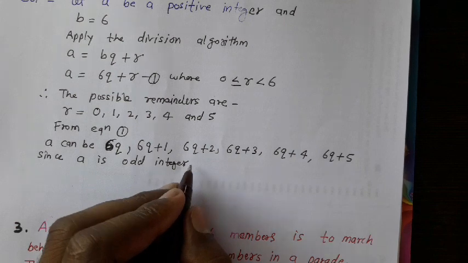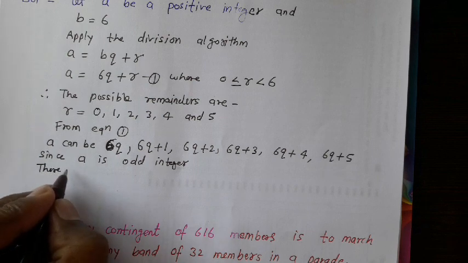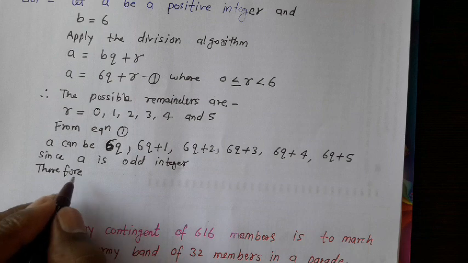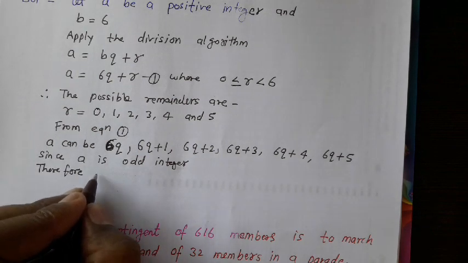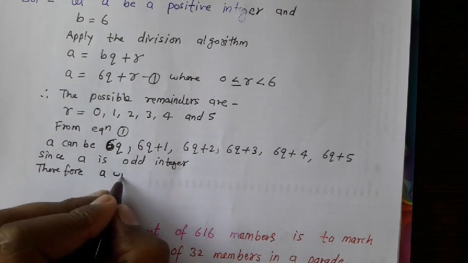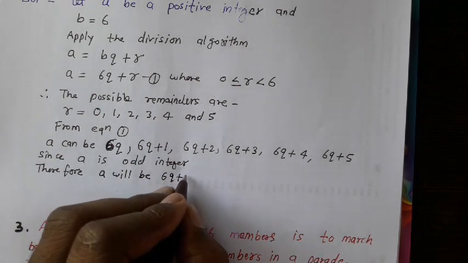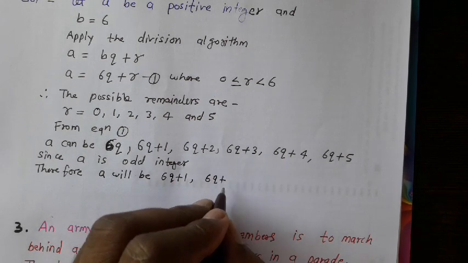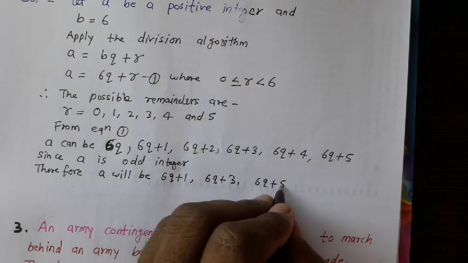Since a is an odd integer, therefore a will be 6q plus 1, 6q plus 3, 6q plus 5.